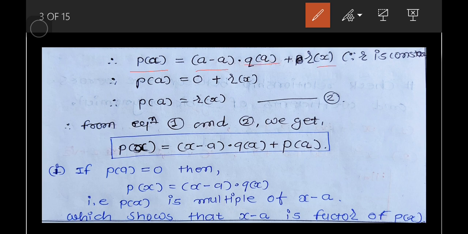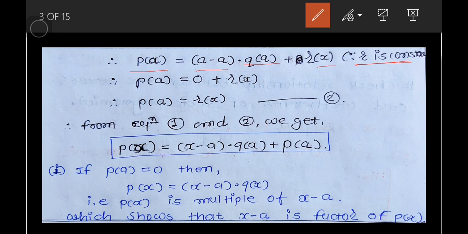As we know, the divisor has degree 1, and the degree of the remainder is less than 1, that is 0. A polynomial of degree 0 is known as a constant. So r of x is a constant.